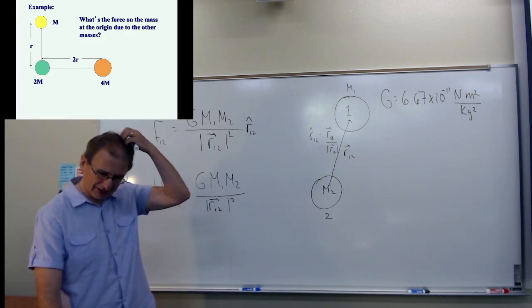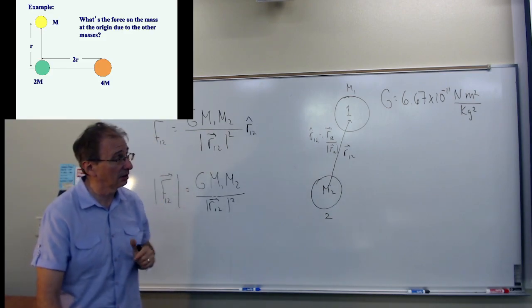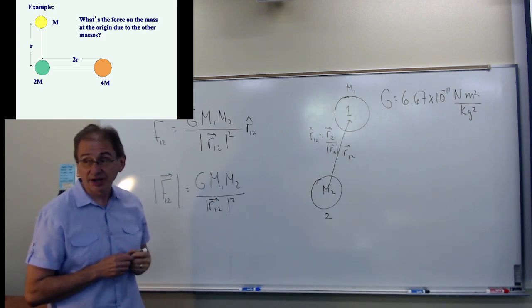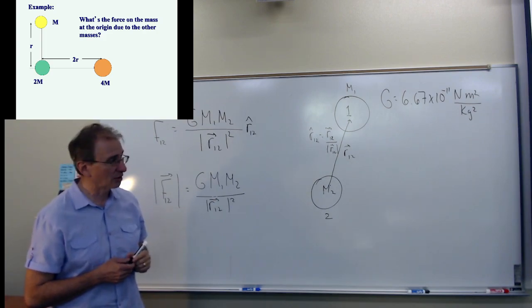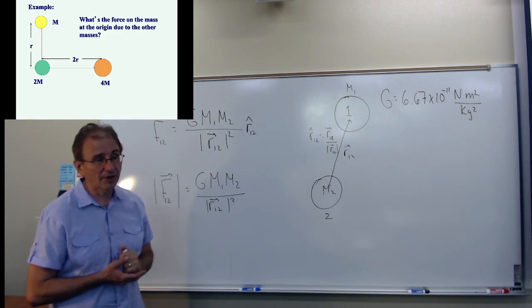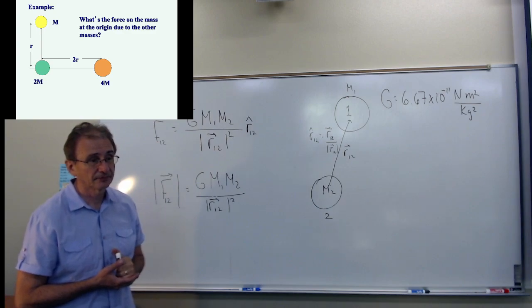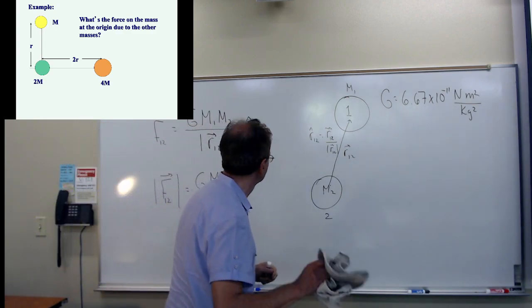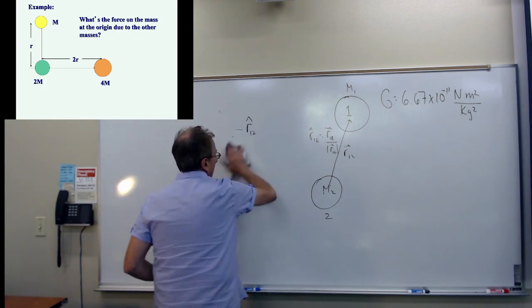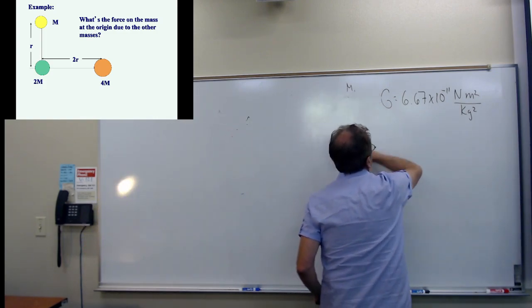So let's do an example. I want to know what is the force on the mass at the origin in that figure due to the other two masses. Okay. So let me draw a picture.